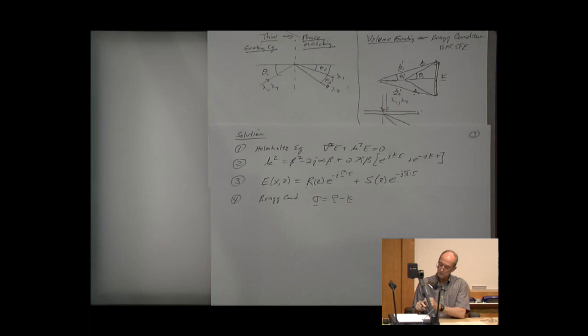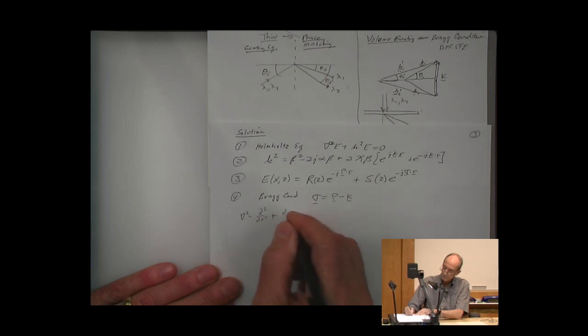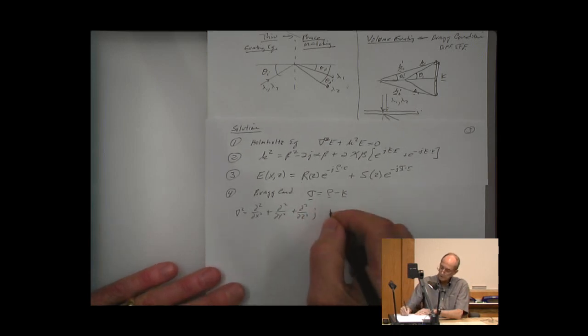First off, just a refresher. Del squared is the set of second derivative partials in the x, y, and z directions. What is r? The vector r is equal to x plus y plus z.